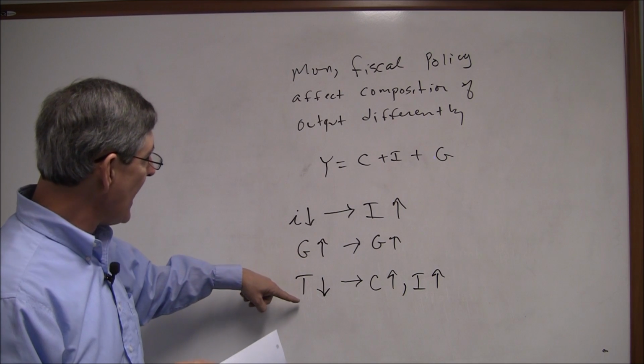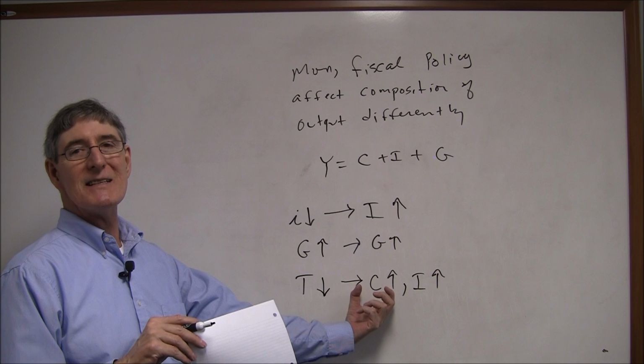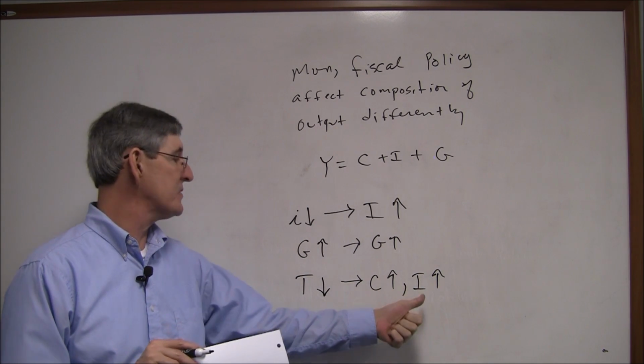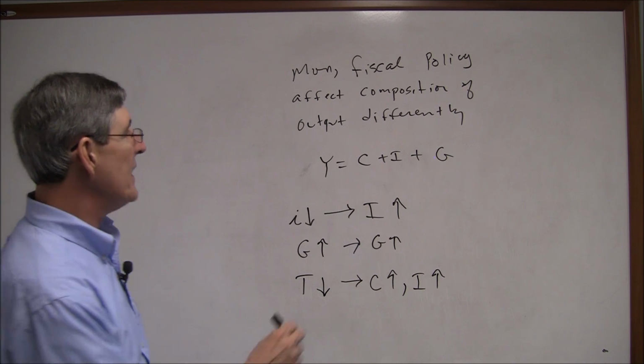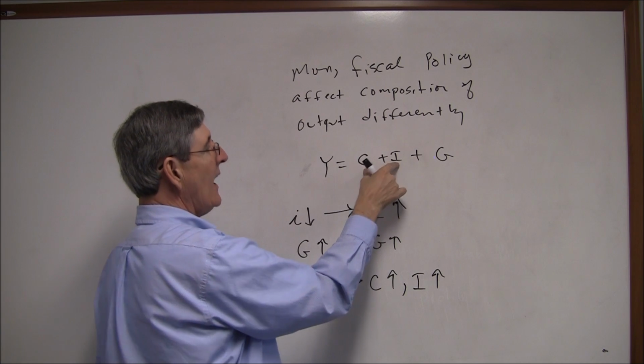When taxes go down, disposable income goes up, and that raises consumption. It also raises income, which raises both consumption and investment. And so in that case, there's no change in G and a change in C and I.